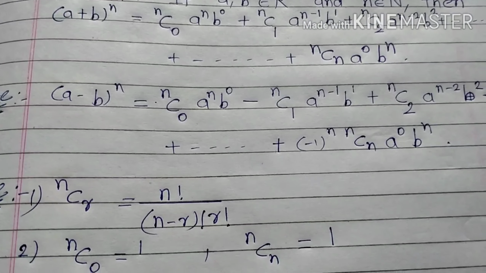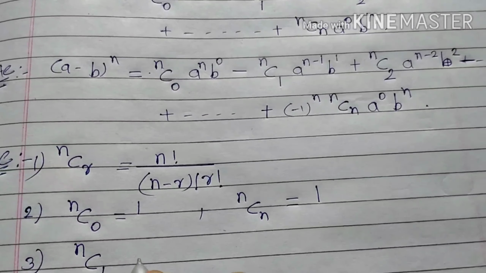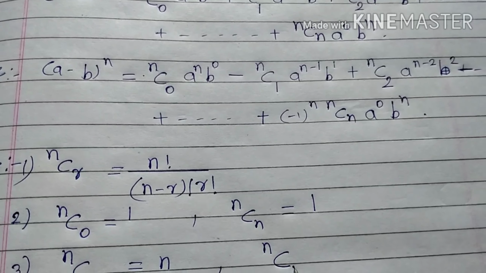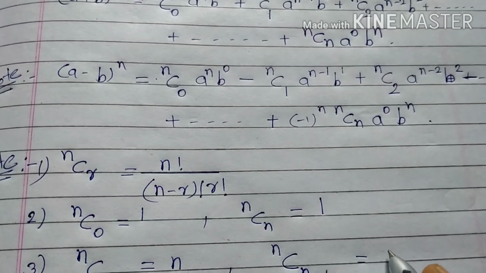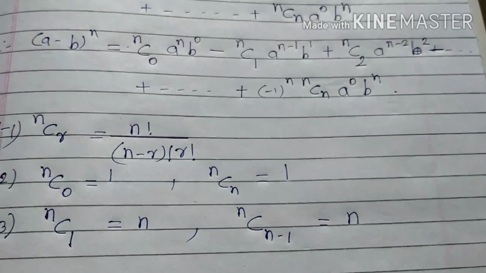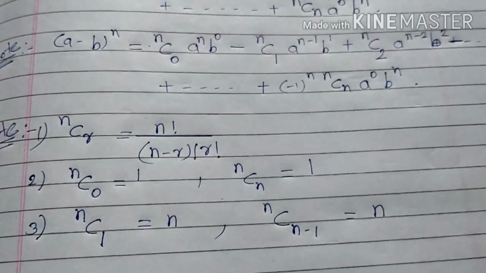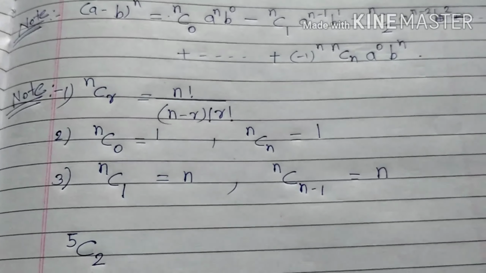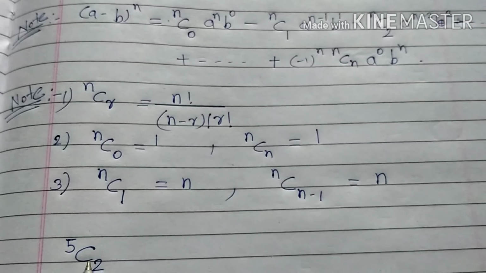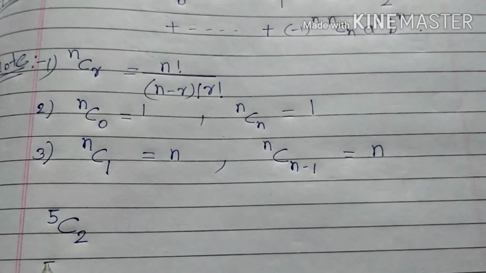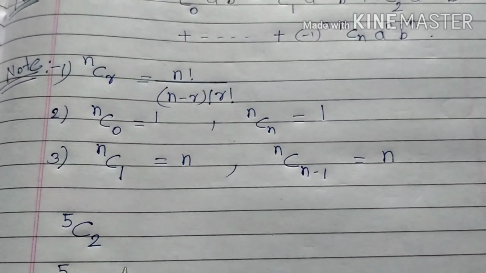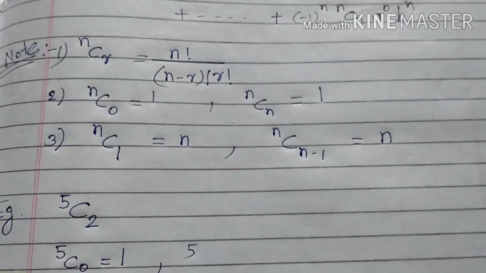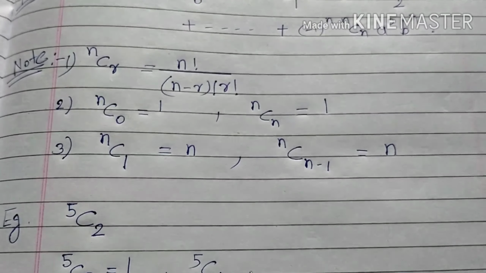Third rule, nC1 is equal to n and nC(n minus 1) is equal to n. So for example, if 5C2, then here 5C0 is equal to 1. Here is your example, 5C1.